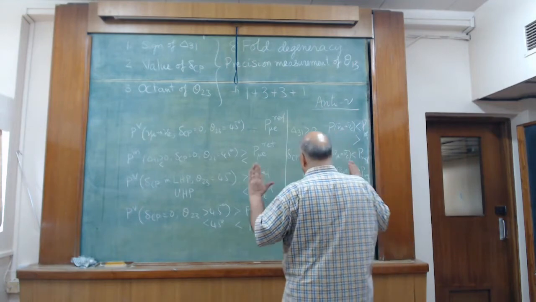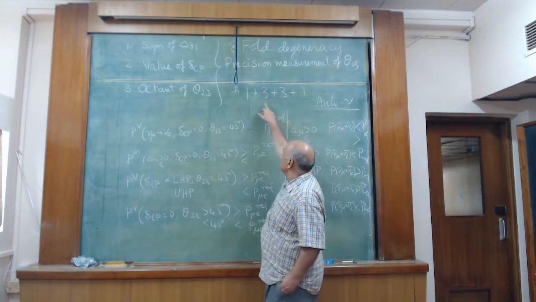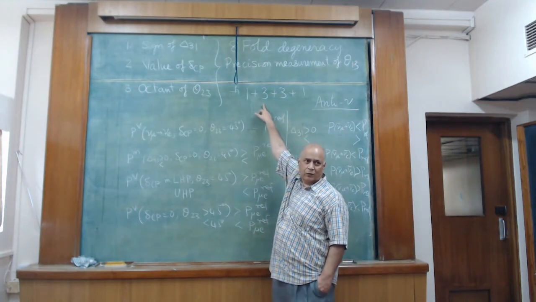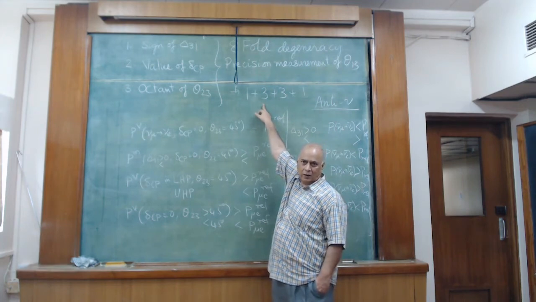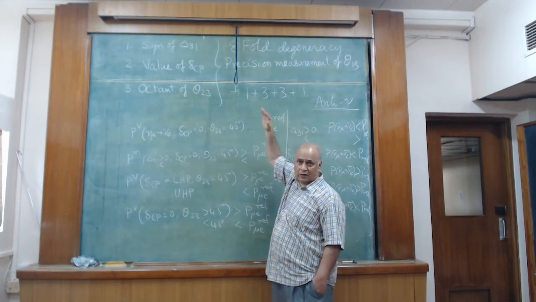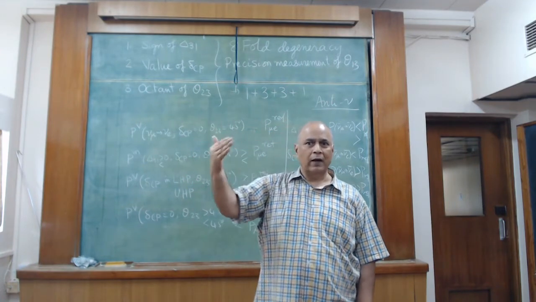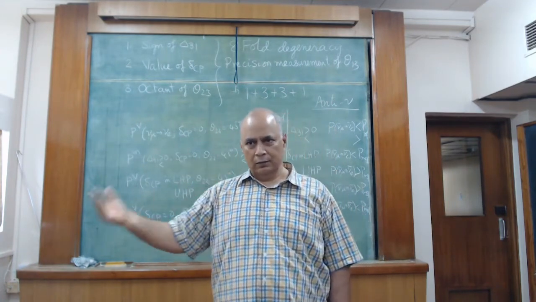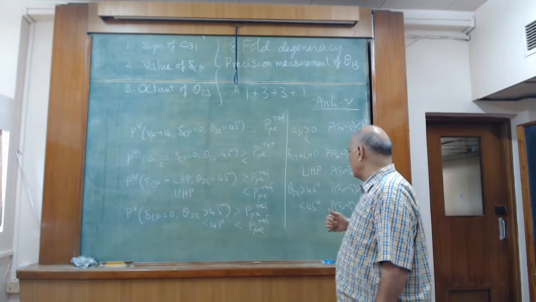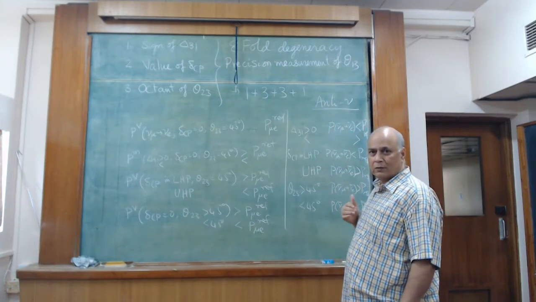So as I said, the first data of NOvA on nu mu to nu e gave me this threefold degeneracy. There is a modest increase relative to the reference.